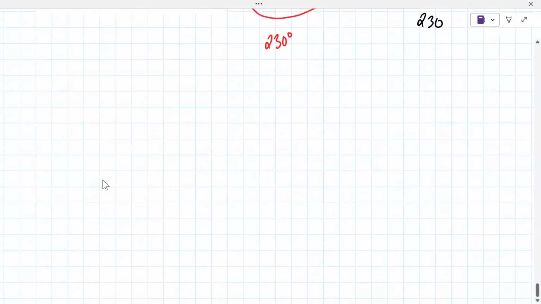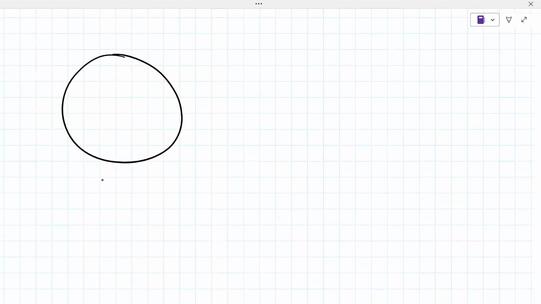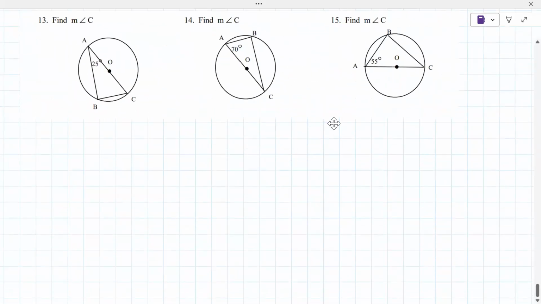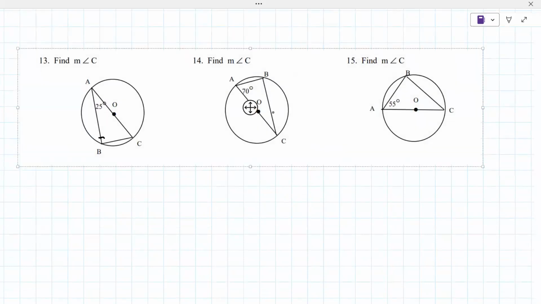Very good. So one other little thing here, and you already know this, is that if it goes through the center and you draw a triangle, this is a 90-degree angle. Okay, so we're going to do these really quickly because they're not that difficult. In each of these, there is a right angle.